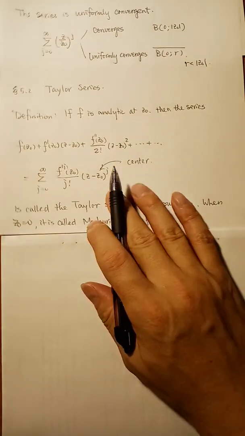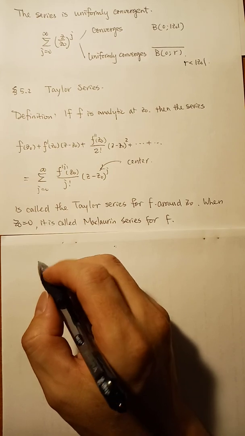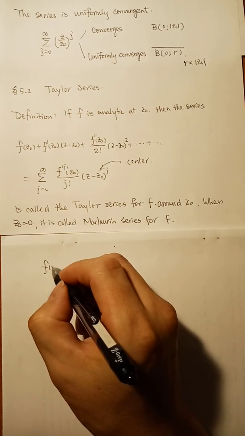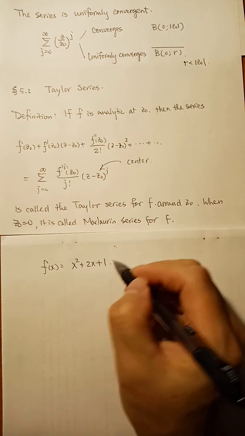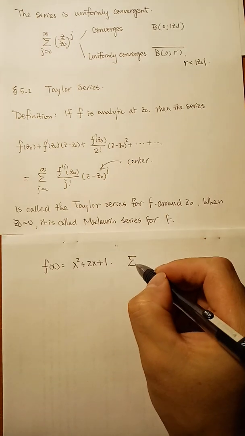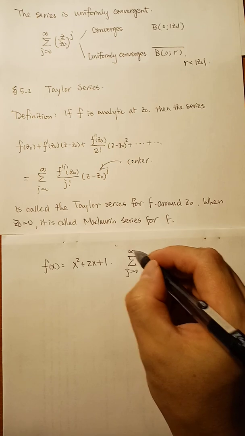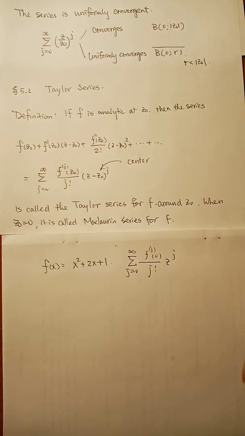When you check here, if you have a polynomial, for example, let's just pick up the simplest polynomial, x squared plus 2x plus 1. Let's try to check its Maclaurin series, the sum over j from 0 to infinity of the j's derivative at 0 over j factorial times z to the j.